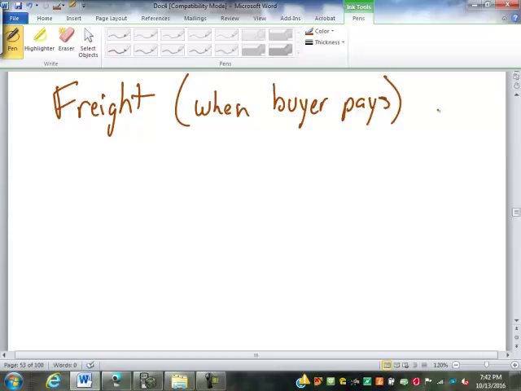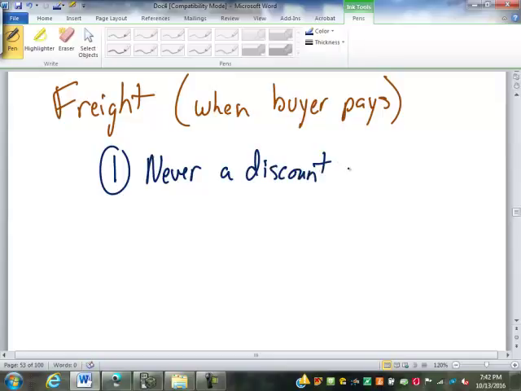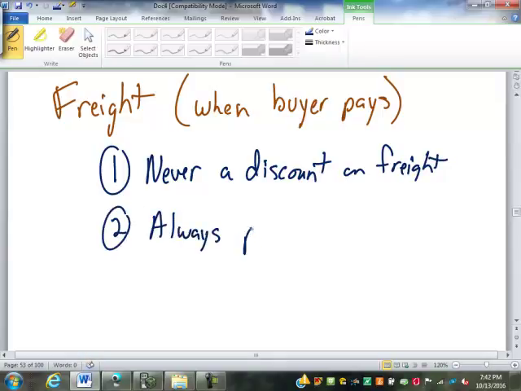In other words, FOB shipping point. Two things about it. One is never a discount on freight. Two, it's always paid first. You'll always subtract from the payment first.